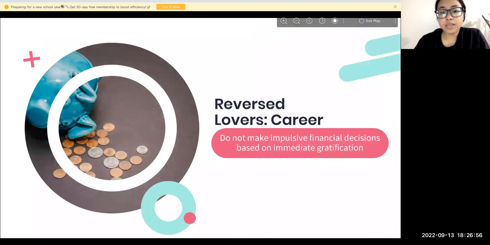Another thing you can advise your client is, do not make impulsive financial decisions based on immediate gratification, which simply means that just because you think it's right to do right now, just because you think, no, I really need to buy this, without really understanding the pros and cons of why you're spending that much money, or why you are investing that amount into this mutual fund or that fund, or buying land, or whatever you are going through in life.